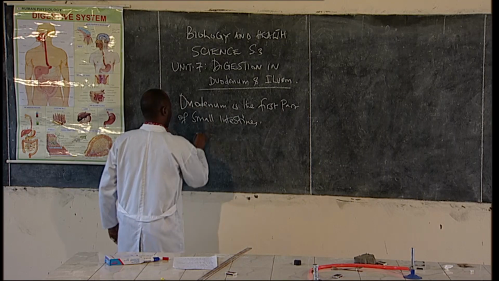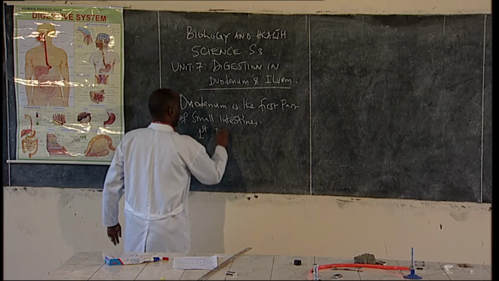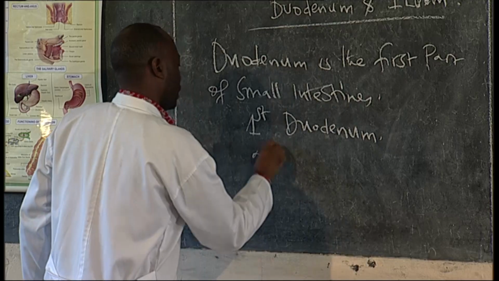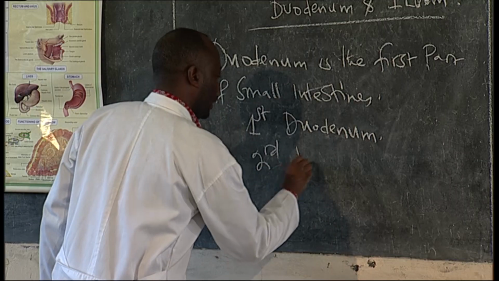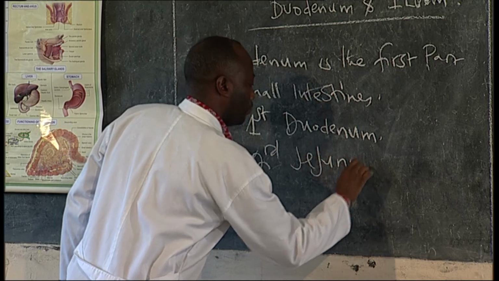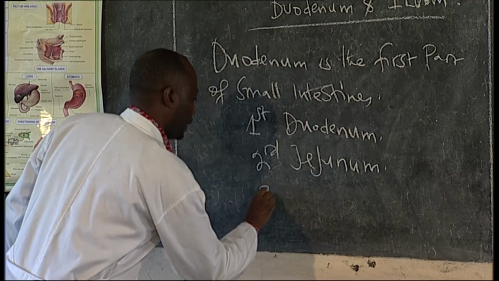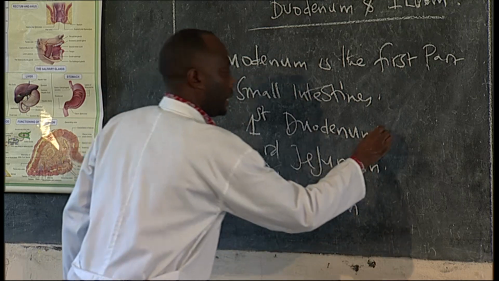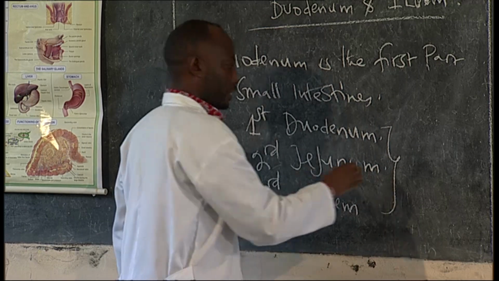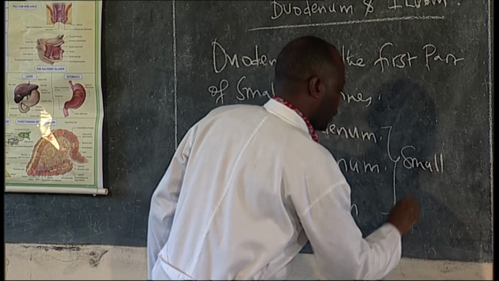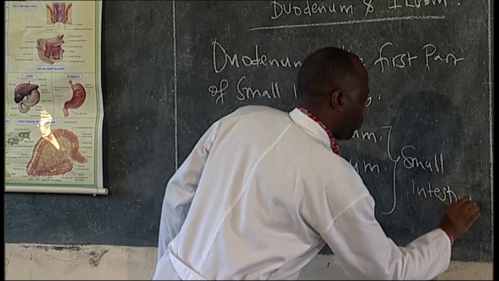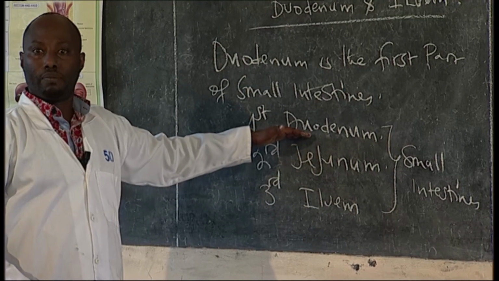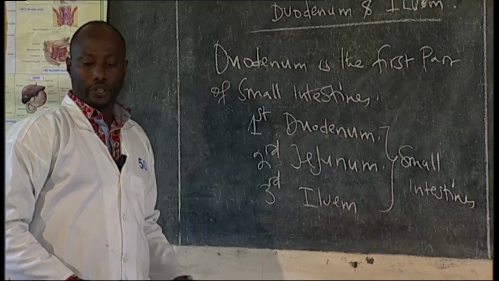The first one is the duodenum, the second is the jejunum, and the third is the ileum. These are the 3 major parts that make up the small intestine. We are going to discuss digestion in the duodenum and digestion in the ileum.